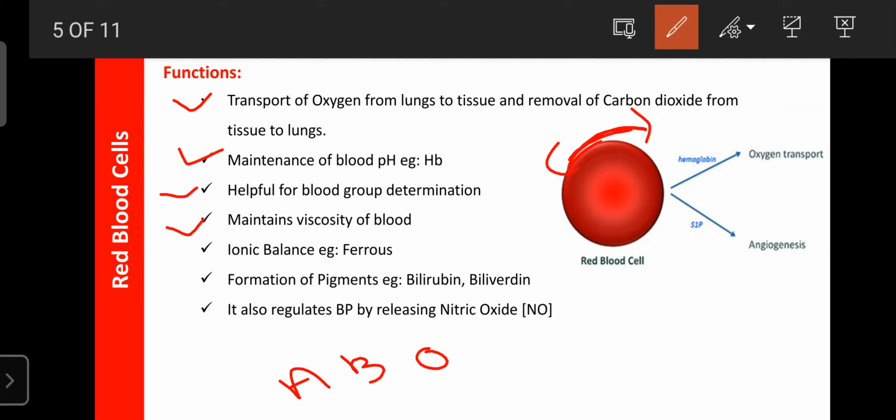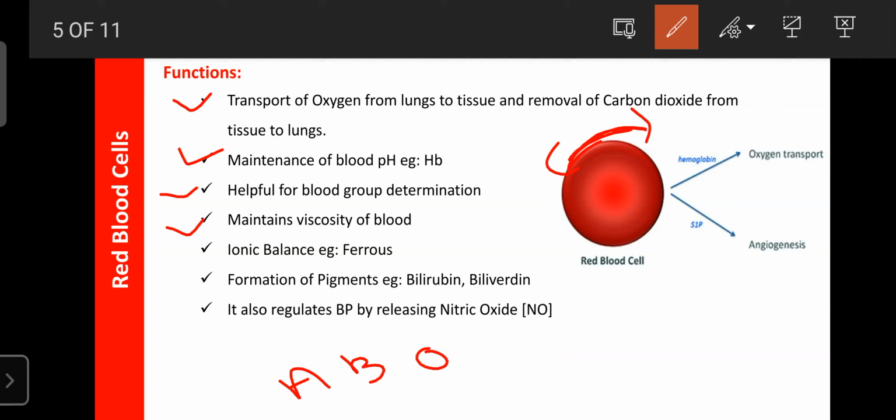So you should always have a good protein content in your body as well as a good number of RBCs in your blood. Otherwise, our brain or many organs fail due to internal hemorrhage or internal clotting. So that's why RBCs play an important role in maintaining the viscosity of the blood.